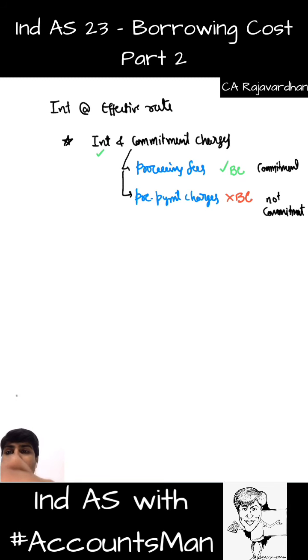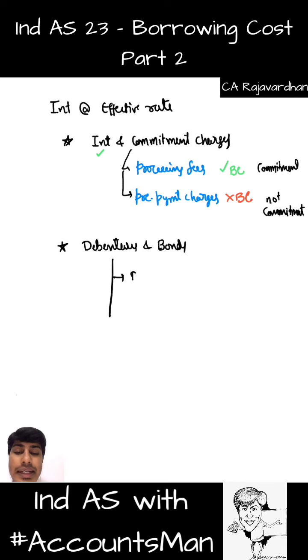And the next important thing that we need to consider in the computation of effective rate is with regard to debentures and with respect to bonds, if there is any discount on issue or premium on redemption.